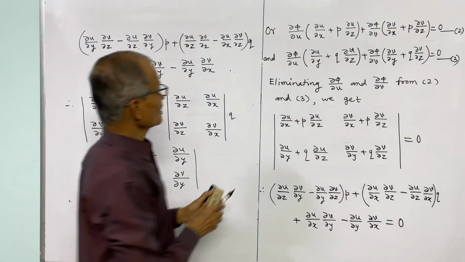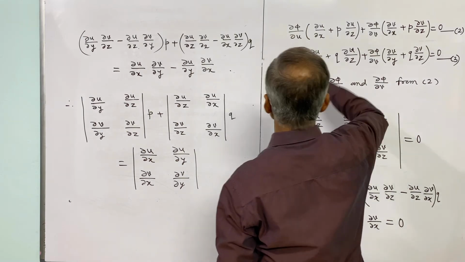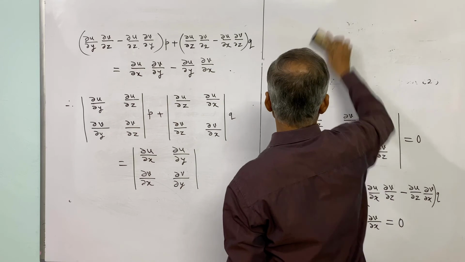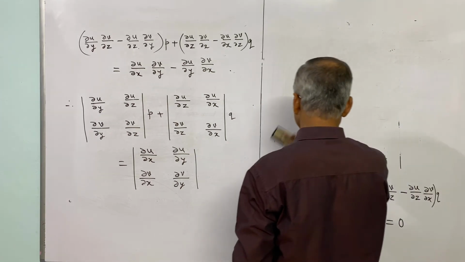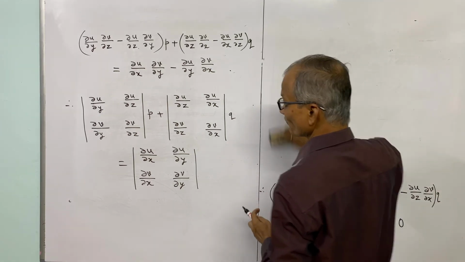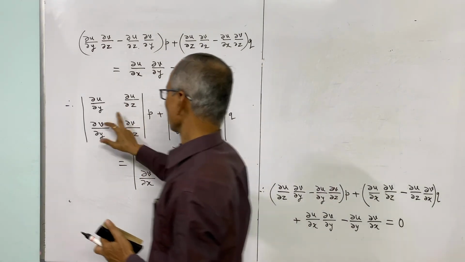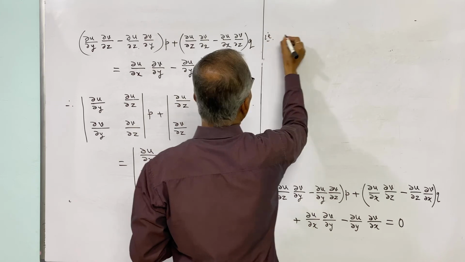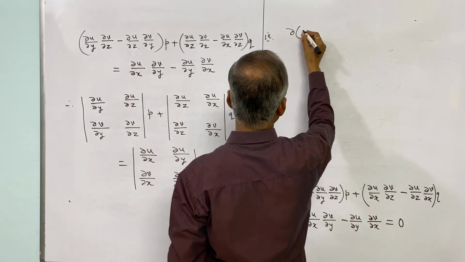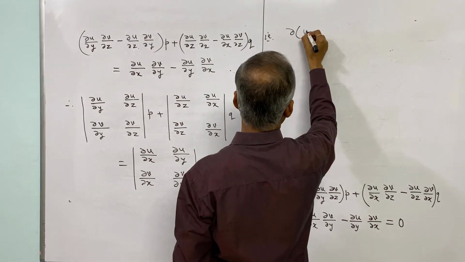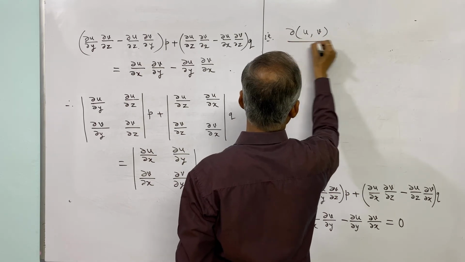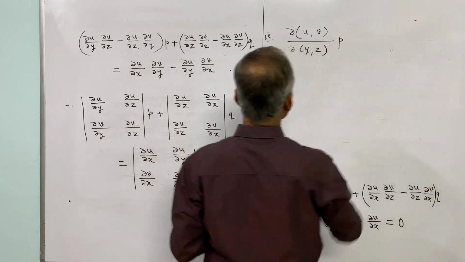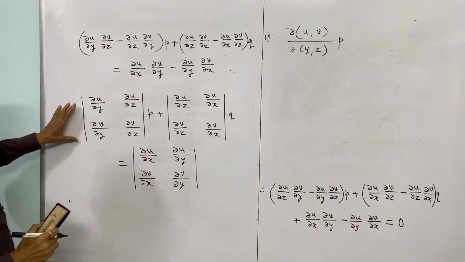And now these determinants are known as Jacobians. The first determinant is the Jacobian of u and v with respect to y and z, and that Jacobian is denoted by this notation, into p, and it has exactly the same determinant value.